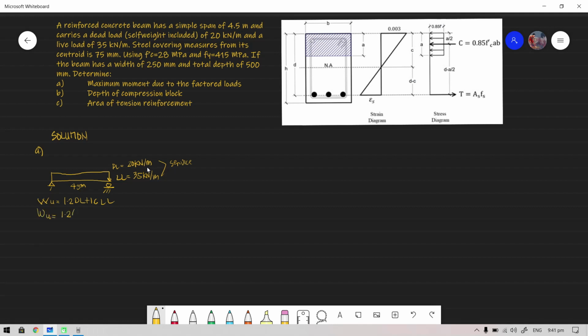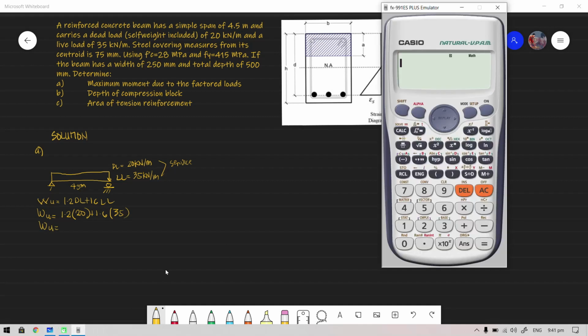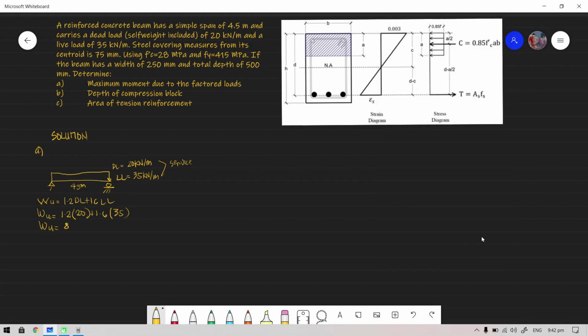We have 1.2 multiplied by 20 plus 1.6 times 35. So, yung ultimate uniform load natin will be 80 kilonewton per meter.